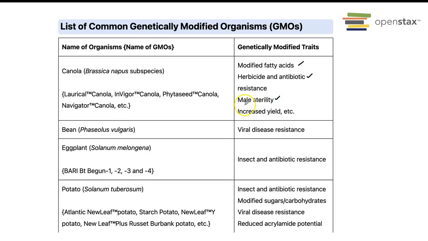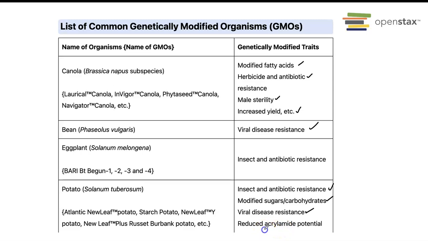This is so that there's no pollen and they can keep the genetically modified corn in its place, because if corn made pollen, it could blow in the wind to other fields, and then you get an increased yield, more corn. Beans, viral disease resistance. Eggplants, insect and antibiotic resistance. Potatoes out there, insect and antibiotic resistance, modified sugars and carbohydrates, disease resistance to viruses, and reduced acrylamide potential.